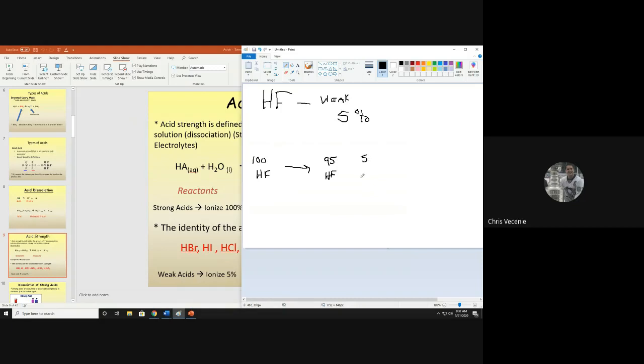So I would get 5 H3O pluses, and I would get 5 F negatives. So 95 stay together, and the 5 HFs that break up give me my 5 of each of the other 2.